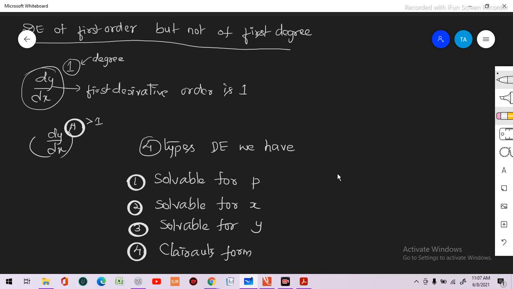Generally we represent a function as f of x or y, correct? Suppose I write f of x is equal to 2xy, is it correct? Is it a function? Are you sure? I will say this is not a function.